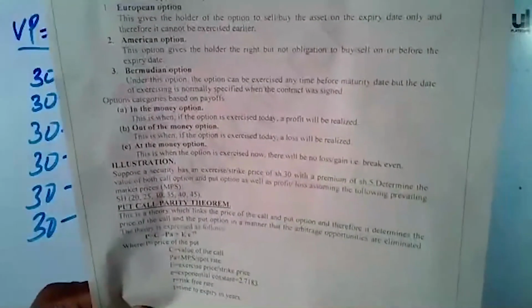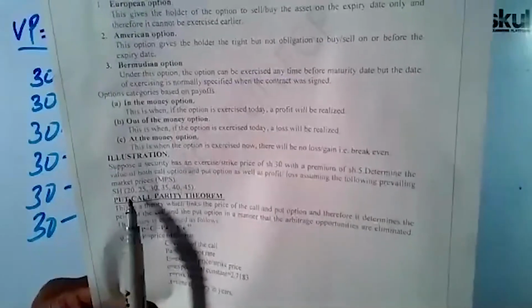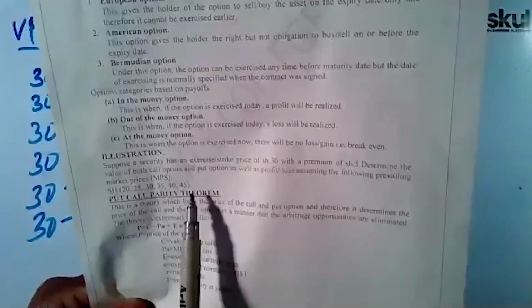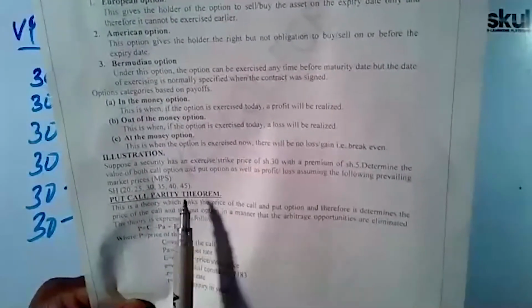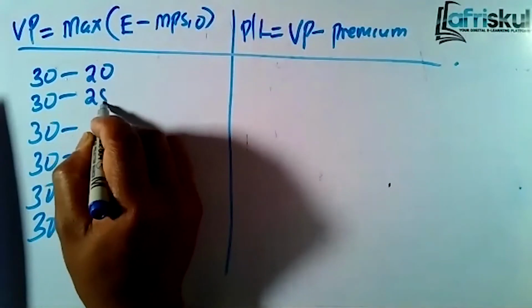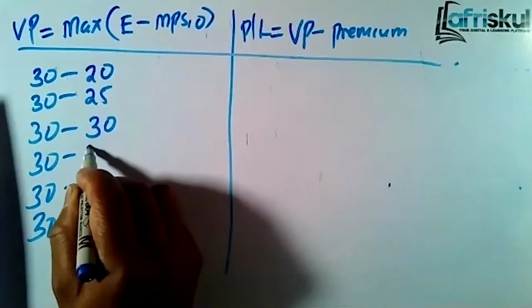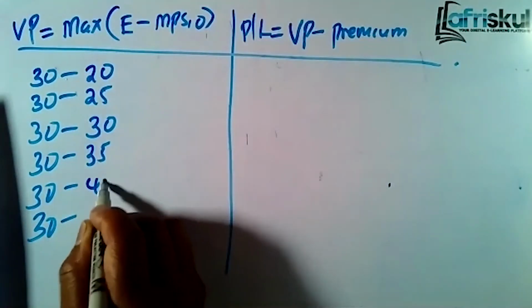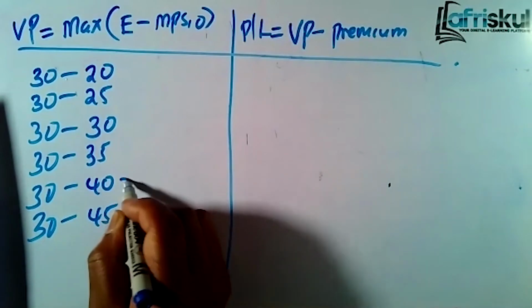We're told that the market price per share is between 20 and 45. So that means you deduct 20, 25, 30, 35, 40, or 45.